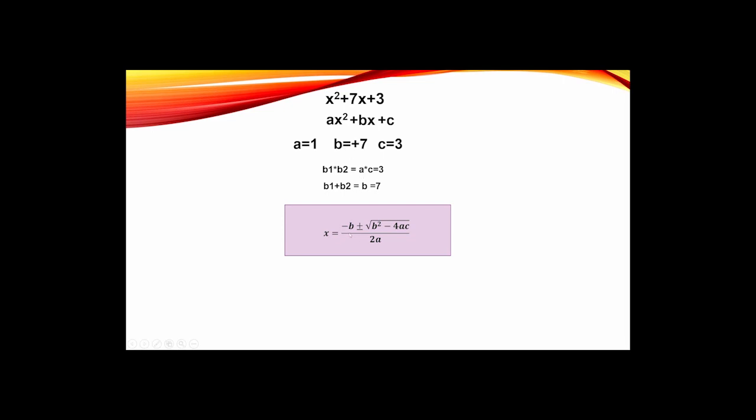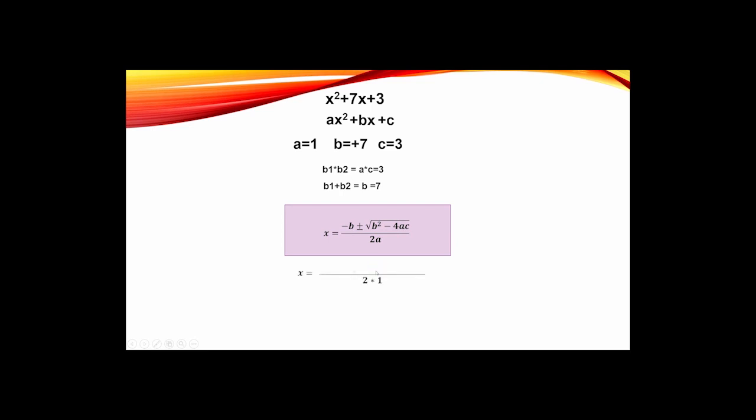Here we will get minus 7 plus or minus square root of b square, that is 7 square, minus 4 into a, which is 1, and c is 3. So here we will get minus 4 into 1 into 3, whole divided by 2 into 1.